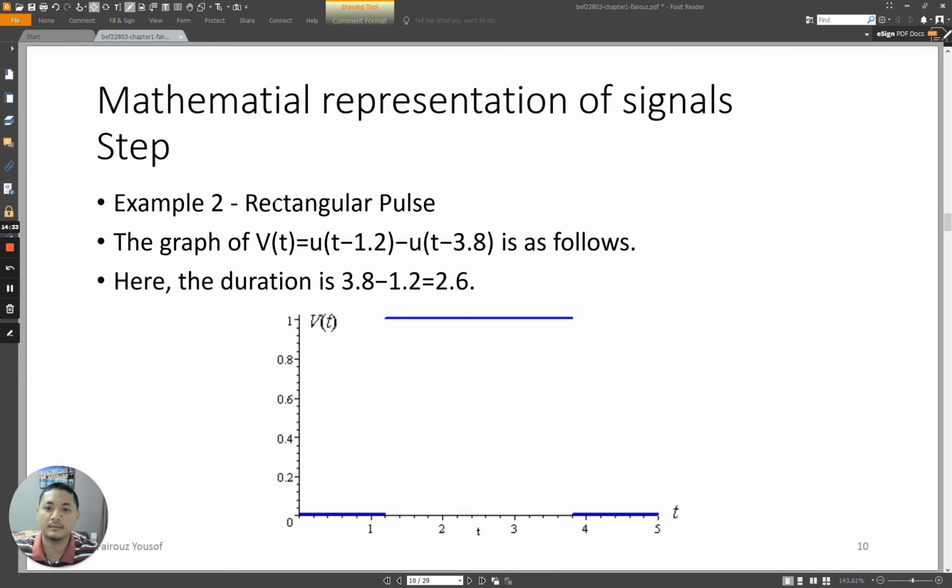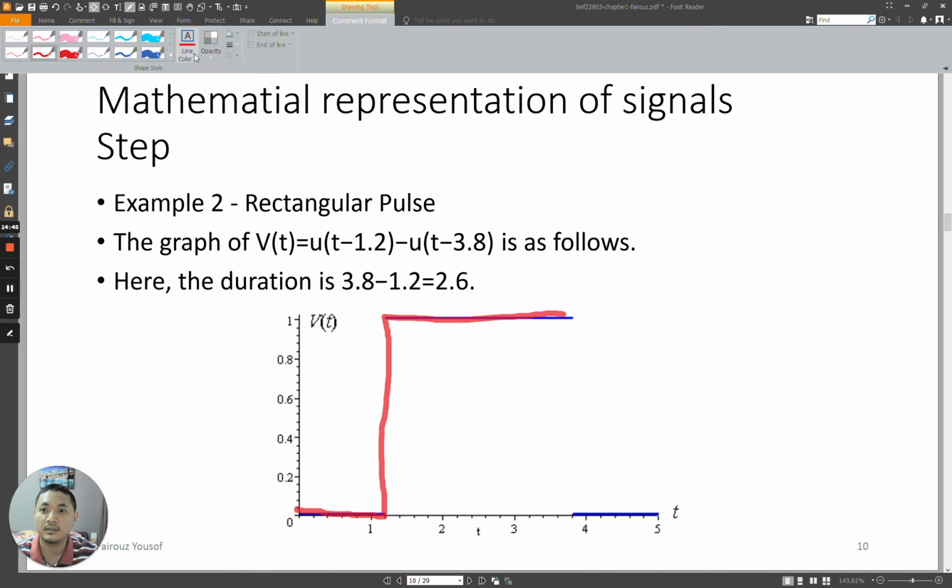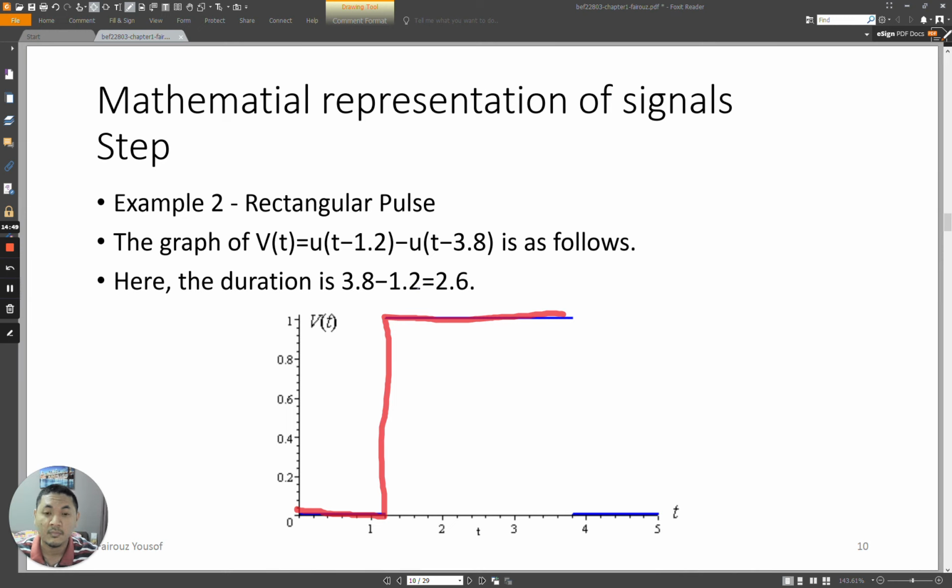Right, second example, right? So u(t minus 1.2), this is 1.2 here, and then just change color. u(t minus 3.8), 3.8 is here, right?